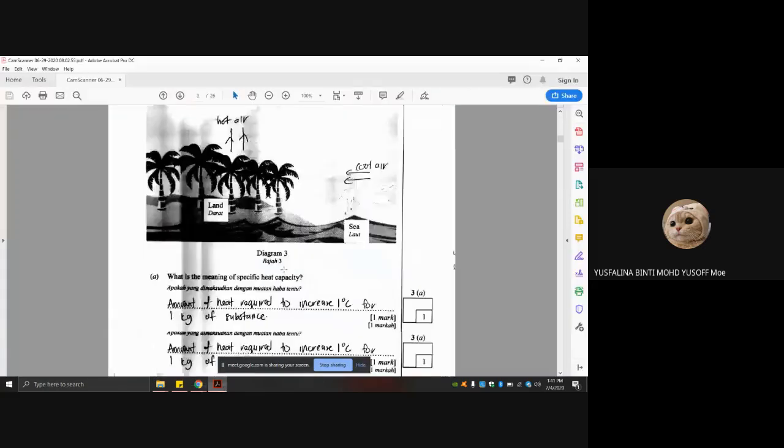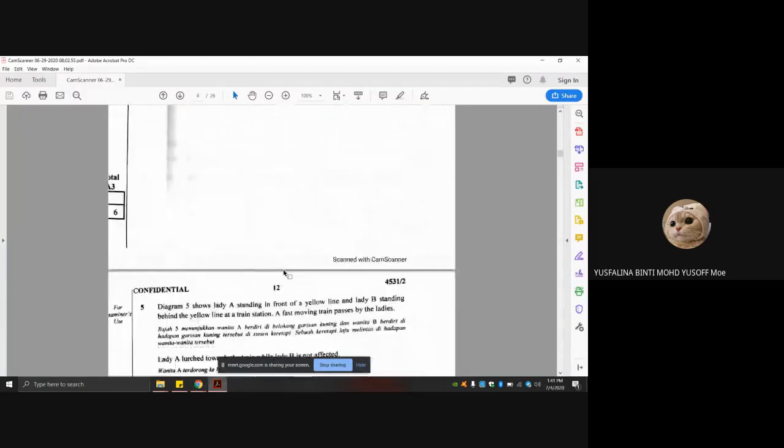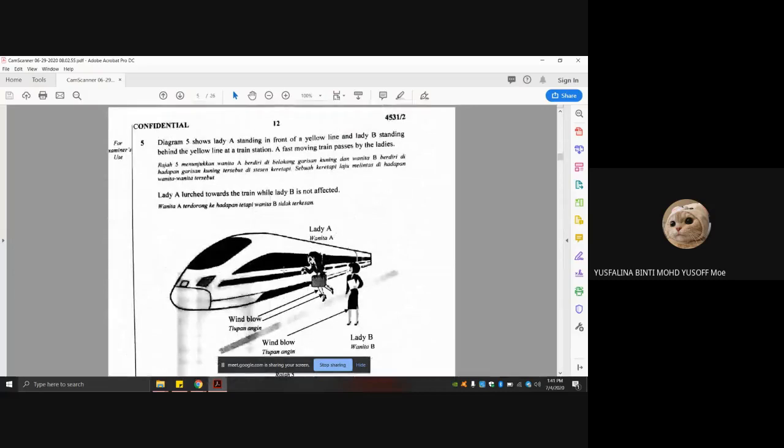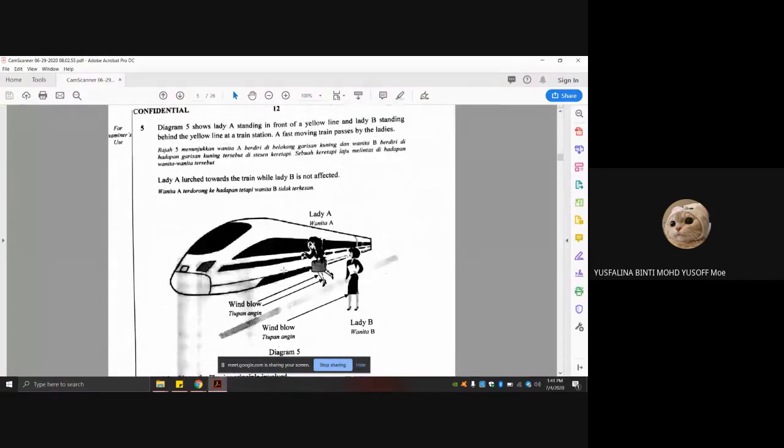Alright, the next one is number 5. Diagram 5 shows lady A standing in front of the yellow line and lady B standing behind the yellow line in a train station. A fast moving train passes by the ladies. Lady A lurched towards the train while lady B is not affected.